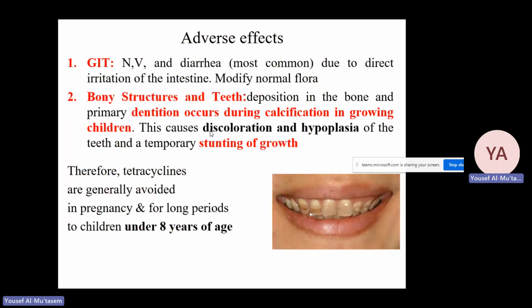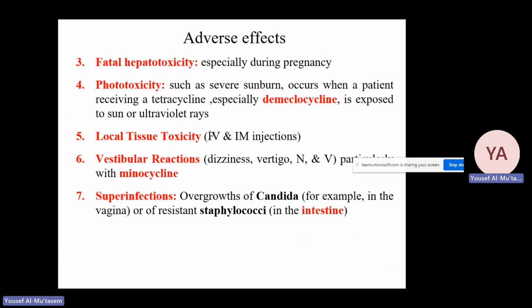Besides the teeth and bone abnormalities and the GI side effects, they cause photosensitivity. Here it says that demeclocycline is the most distinctive among all of them in causing phototoxicity, but it happens across the board. It is a side effect of all tetracyclines, and as a matter of fact, nobody is using demeclocycline as an antibacterial agent.